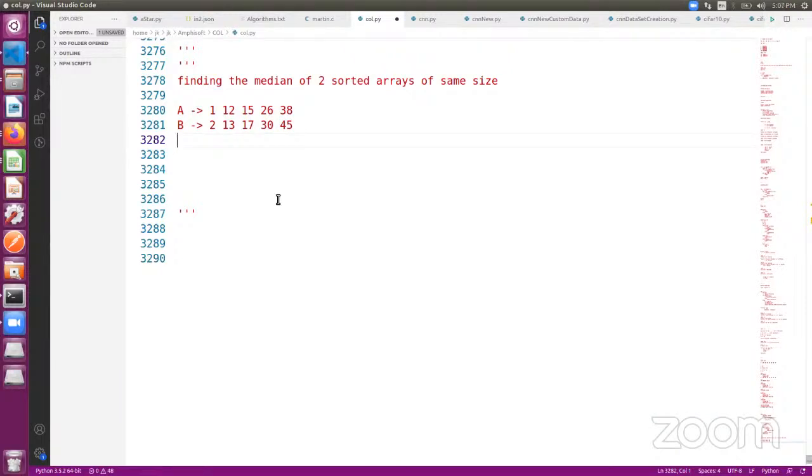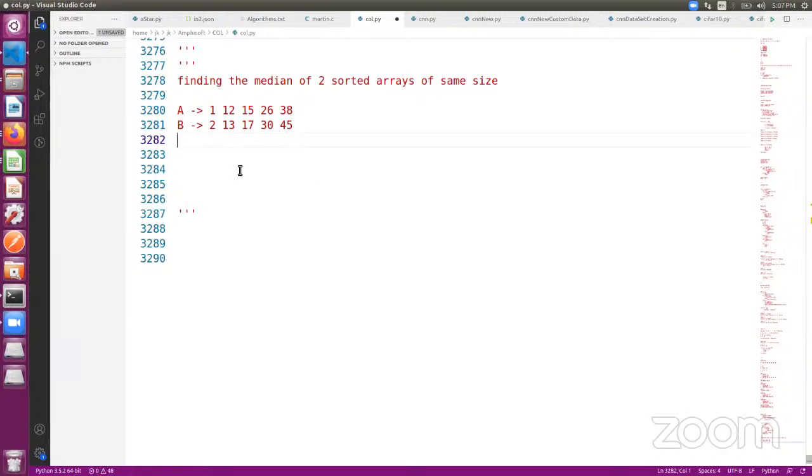So what procedure shall we use to combine? In merge sort we already saw an algorithm for merging two sorted arrays. The same process can be applied here also. You can merge them, you'll get a single sorted array, and in that single sorted array you can find the middle element and then find the median.